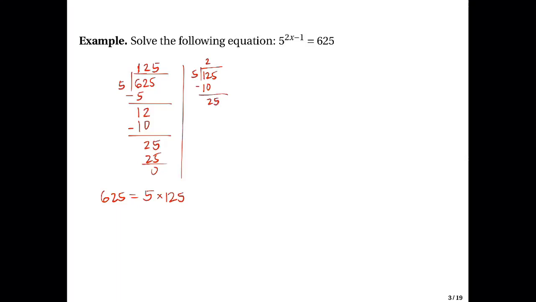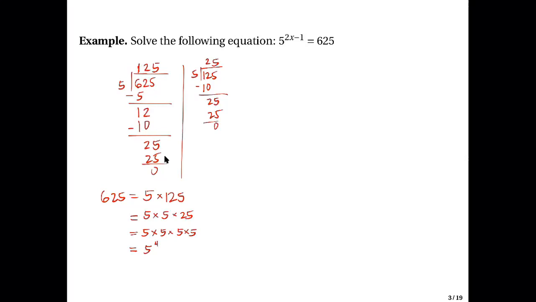You have 25 divided by 5, that's again 5. And then you have 25 in here, and that's 0. Meaning, here you have 5 times your 25. And we easily get that 25 is actually 5 times 5, which means that the 625 is 5 to the 4. Okay? 5 raised to power 4.